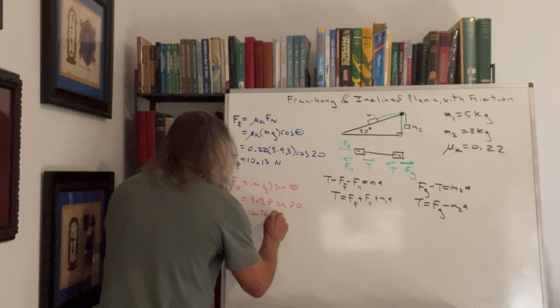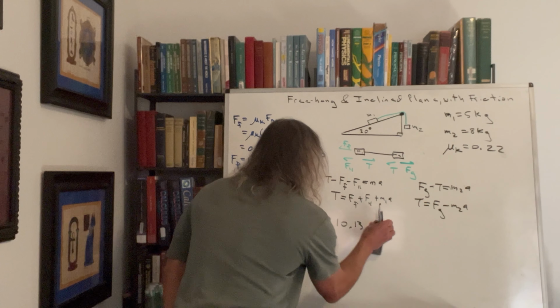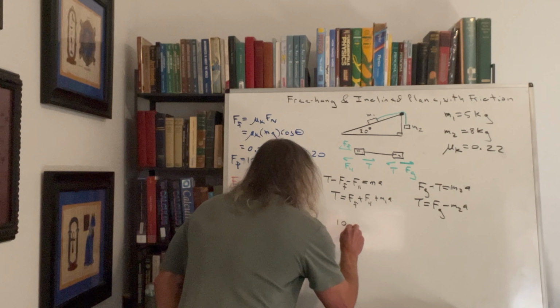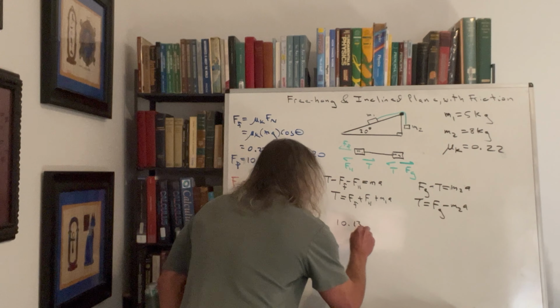FG, easy enough, I'll put it in, but this equals this, so force of friction, 10.13 plus 16.76 plus M1, 5A, equals the weight of this one, of course, 8 times 9.8, 78.4.